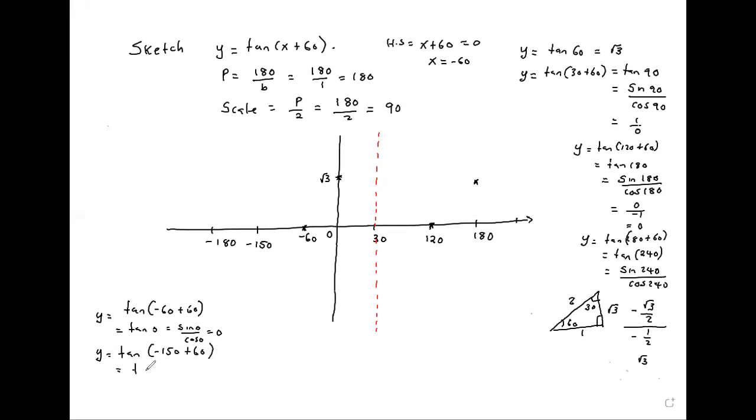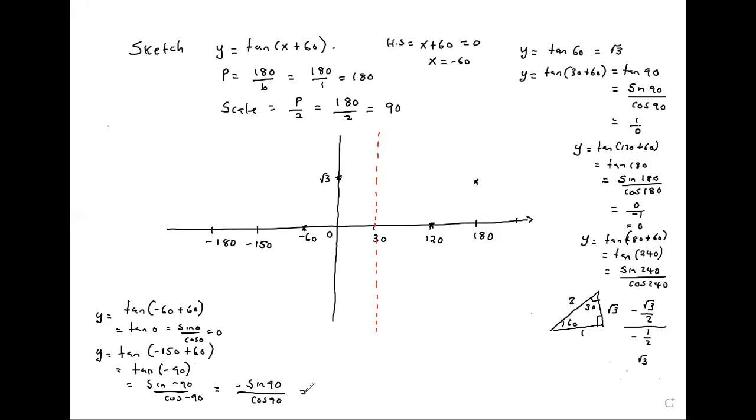This is tan -90. What is tan -90? This is the same as sine -90 over cos -90. But sine takes away the negative and cos squares the negative.